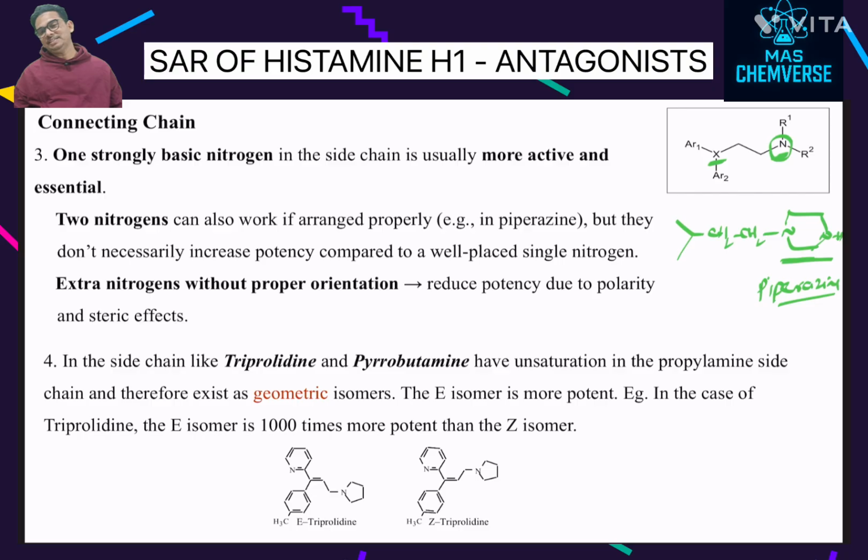Here also one basic nitrogen is more comfortable, 2 nitrogens also somewhat comfortable. When it has 3 or 4 nitrogens, the activity won't increase, it will decrease, and toxicity also increases. Okay, you might have understood.